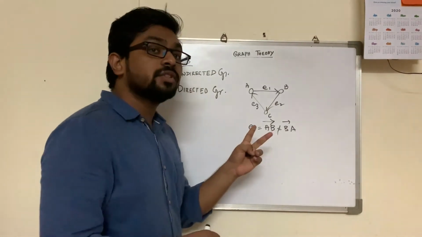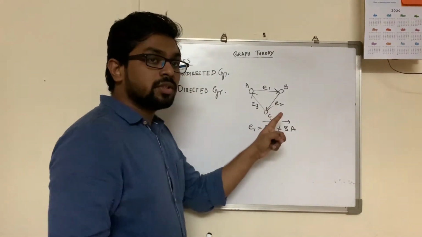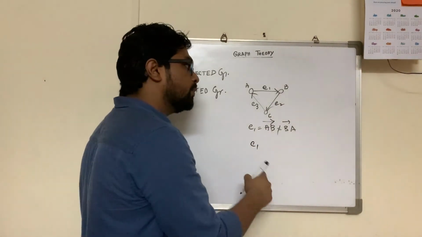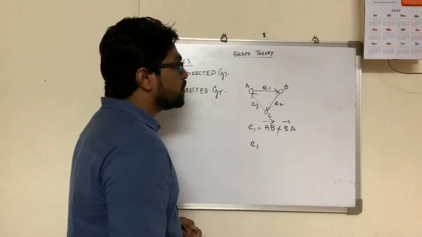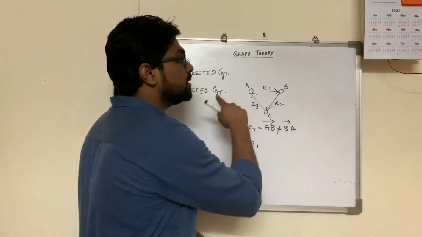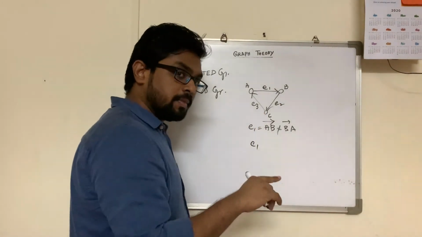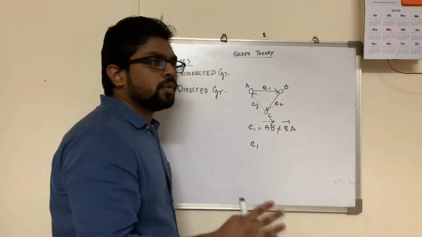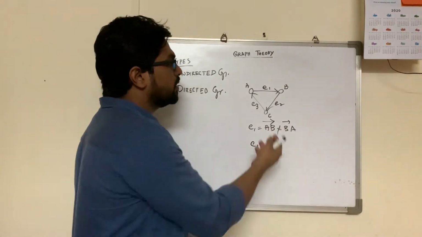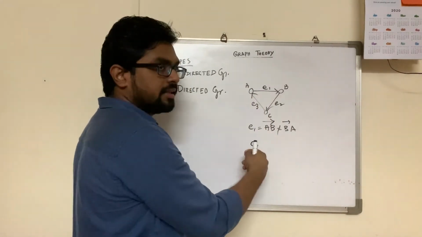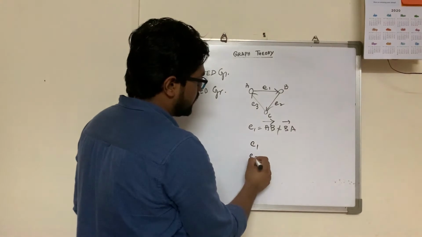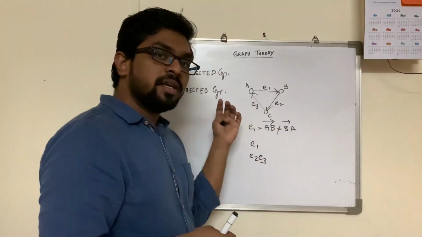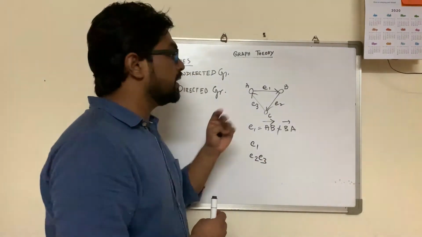Now, the second question: what is the shortest path from A to B? That's E1. Earlier, it was also E1. Now, what is the shortest path from B to A? Earlier, it was E1. But in this directed graph, will the answer be E1? No, there doesn't exist a path from B to A directly. It's E2, E3. So this is how directional edges come into action, and that is what represents a directed graph.